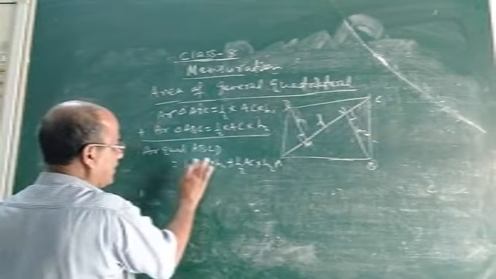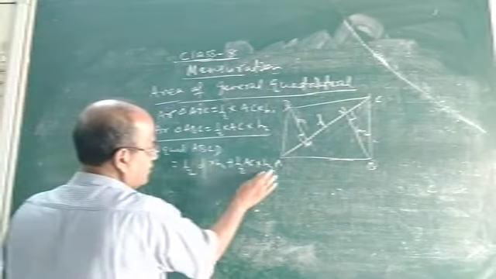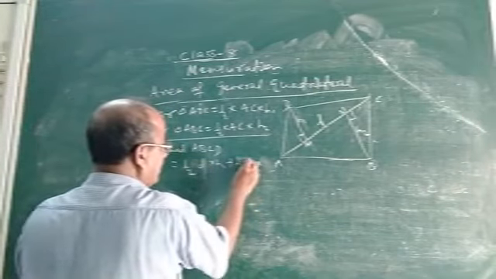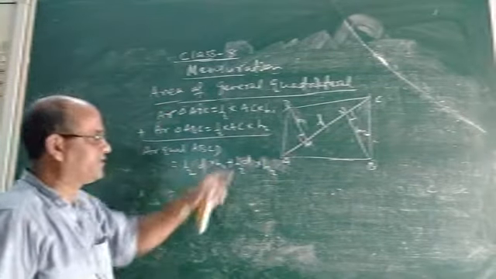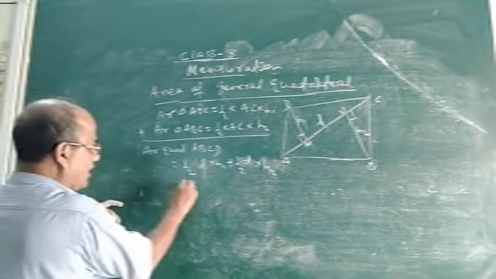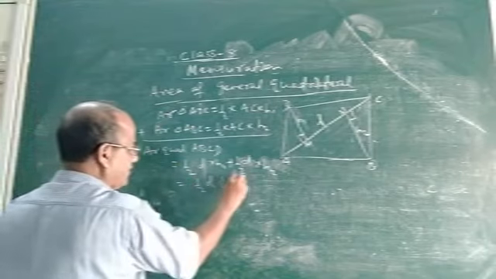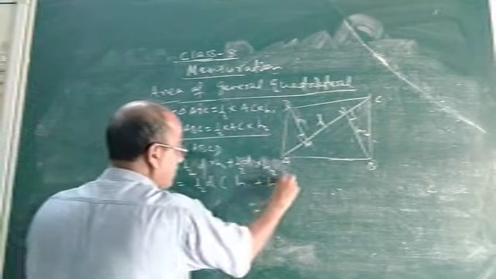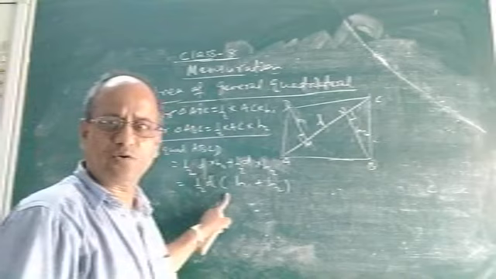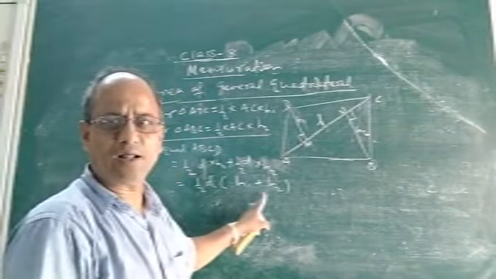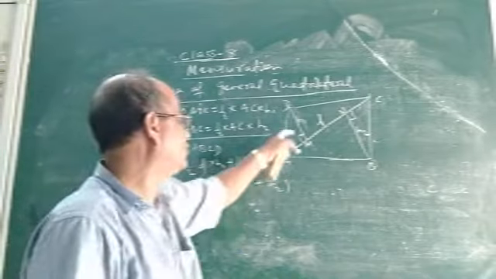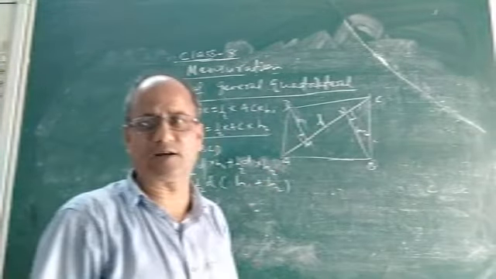In place of AC you can write d, because the length of AC is given as d. Now you take half d common, and it will be h1 plus h2. That means half into diagonal into the sum of the two altitudes will give you the area of the general quadrilateral.